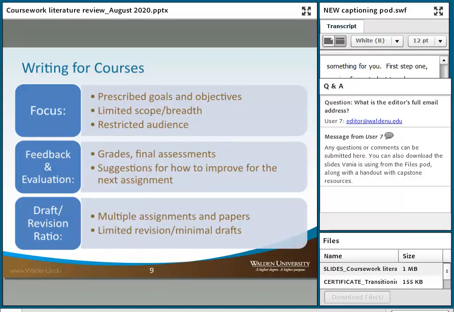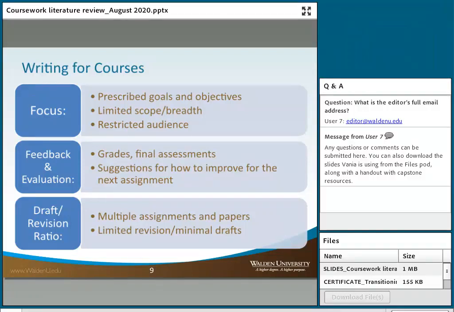Someone's going to say how well you did. You get some sort of final assessment. You might get some suggestions for how to improve for the next assignment, but generally you don't go back and make it better and better until it is an A. And that's what the capstone process is: you don't finish till it's an A, right?